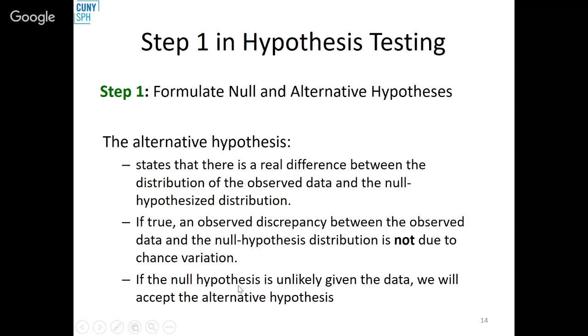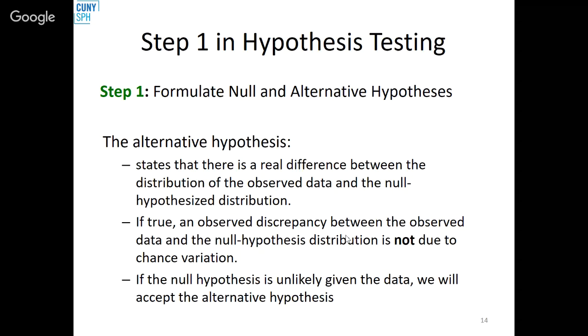So if the null hypothesis seems unlikely given the data, then we're going to instead accept this alternative hypothesis. But we're only going to accept that alternative hypothesis if there's evidence. That is, that it seems very unlikely that this is a result of the null distribution.